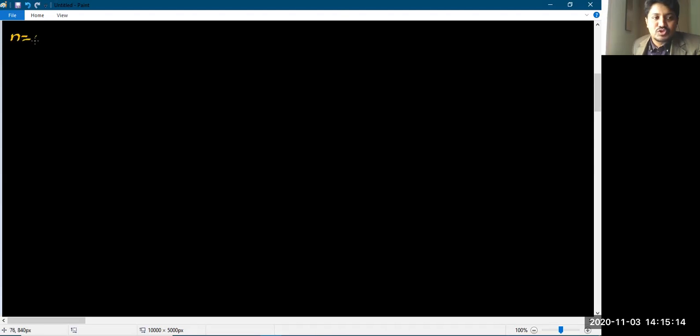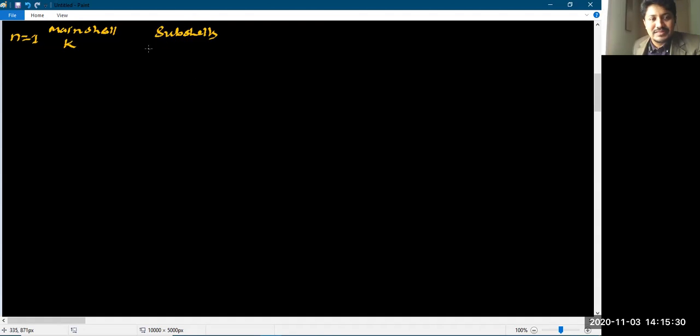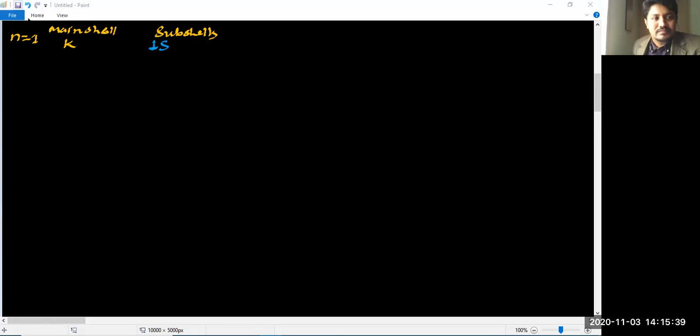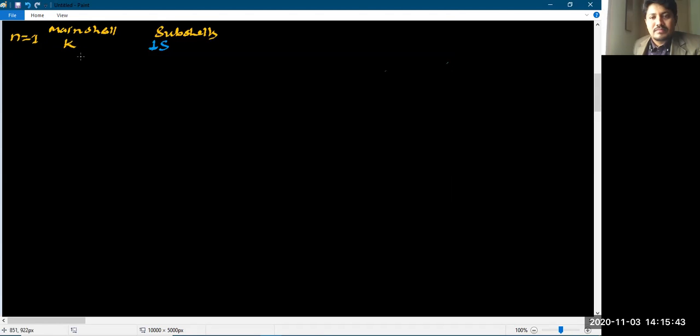If n equals 1, the main shell is K. And what about the subshells? The main shell K contains one subshell, which we call 1s.